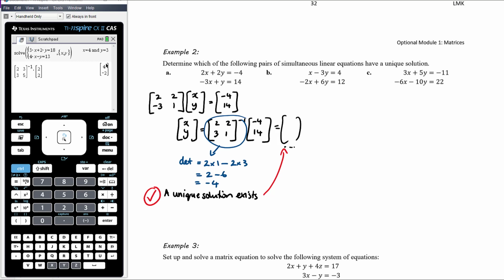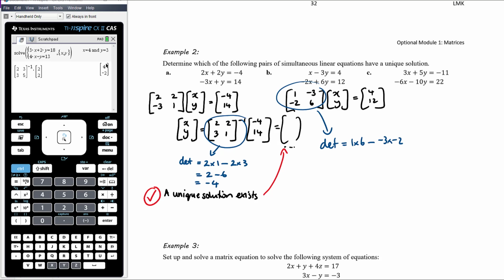Okay, so this matrix equation here, again we've got our x's and y's lined up, so we get 1x, negative 3y, negative 2x, 6y, times (x, y) equals (4, 12). So we really just want to focus on the determinant of that, which is 1 times 6 minus negative 3 times negative 2, so that's 6 minus 6, which is 0.